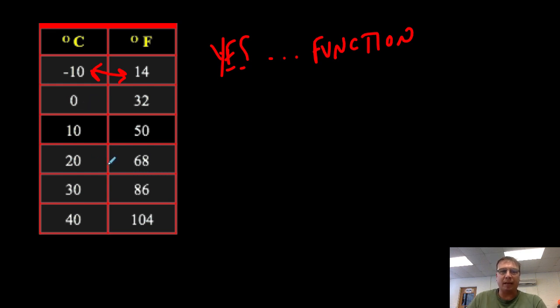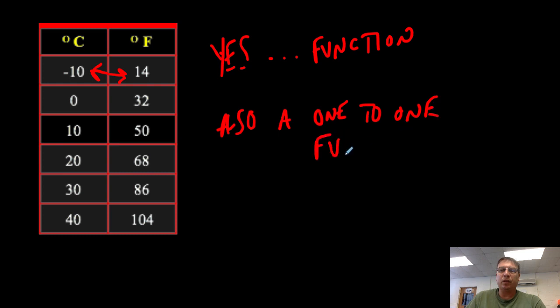It's the same concept here. So 50 goes with 10, 68 with 20, 86 with 30, 104 with 40. So therefore, not only is this a function, but it's also a one-to-one function.